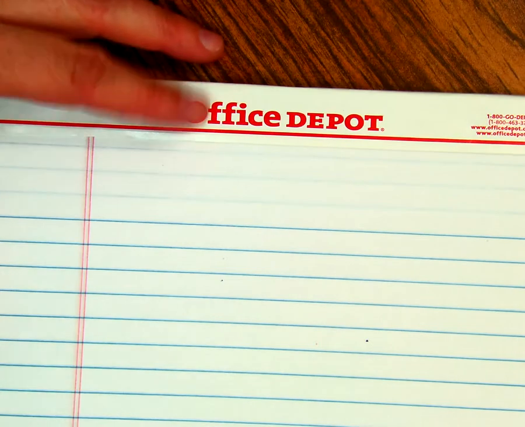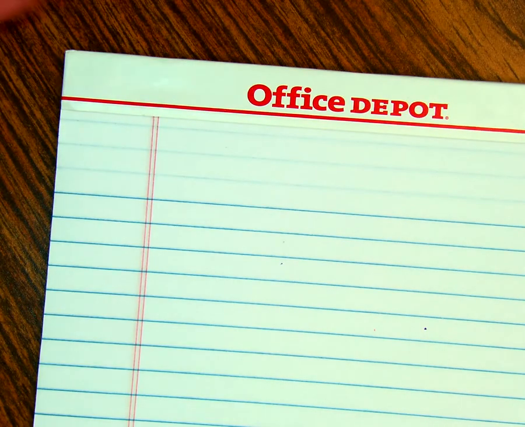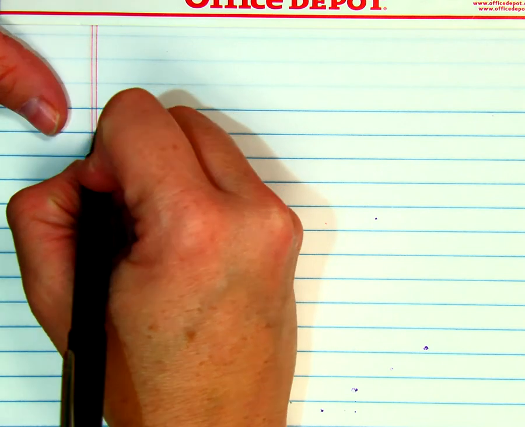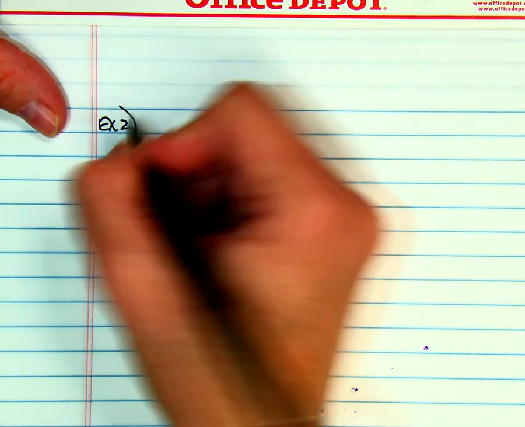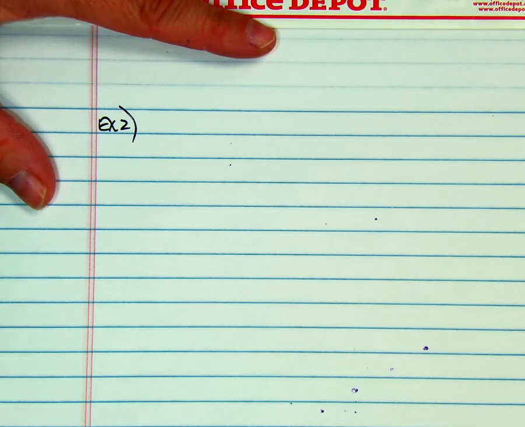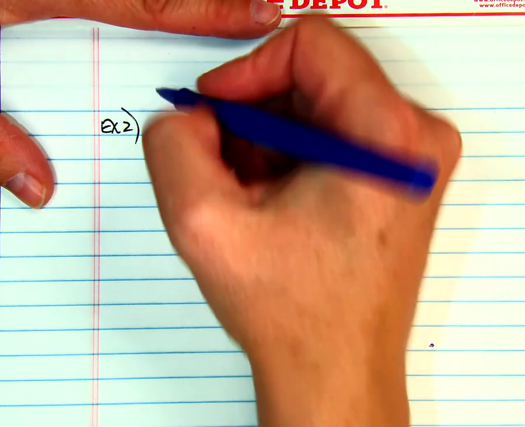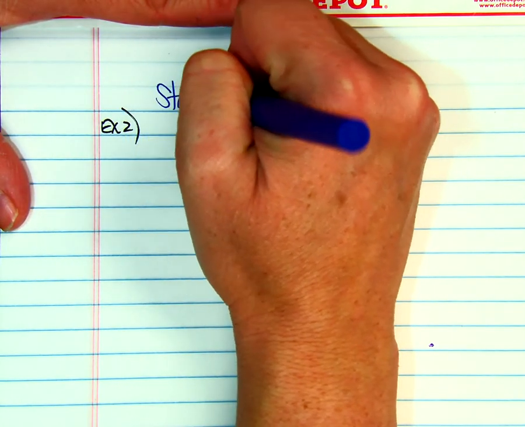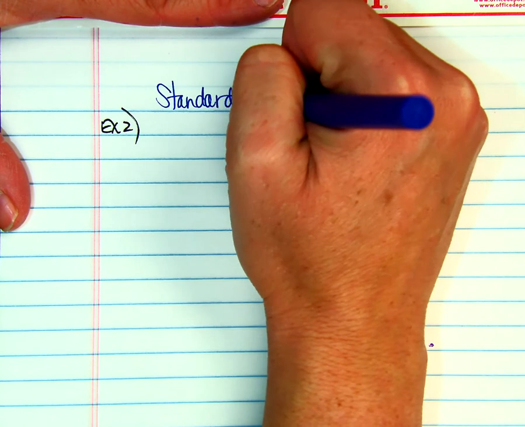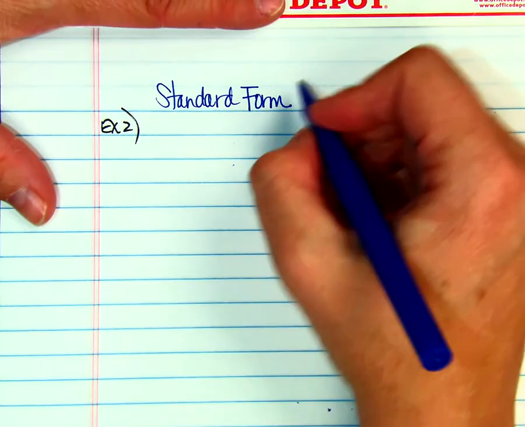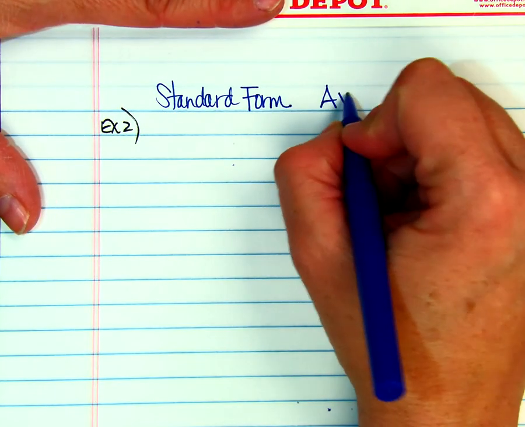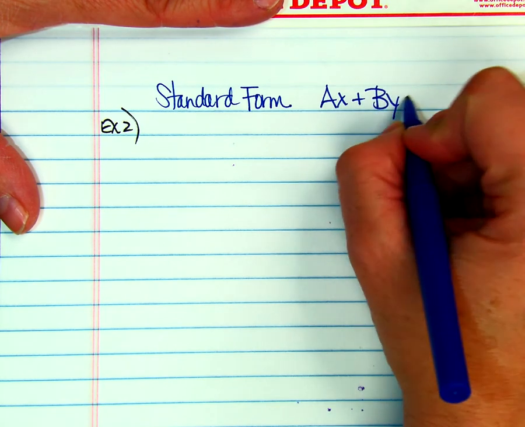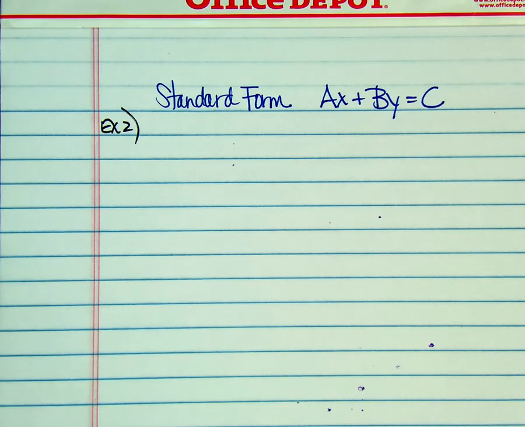Now, we talked a little bit in Unit 1, I believe it was, about literal equations. We're going to make this example 2. And we are going to talk also, quickly, about standard form. Standard form is ax plus by equals c.